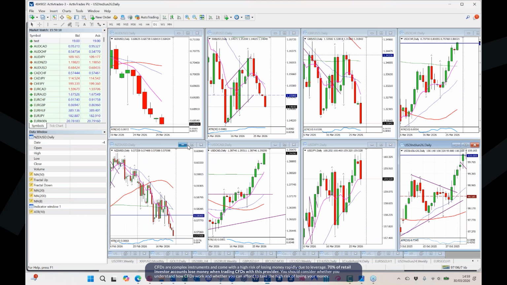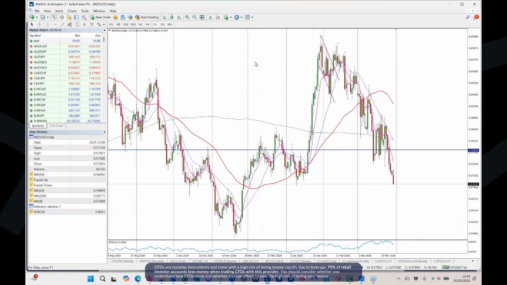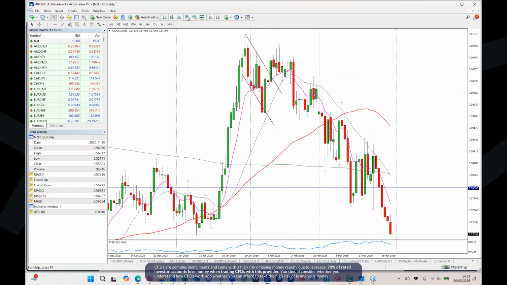If I look here at the Kiwi dollar on the daily, what I was saying is price had been in a very strong trend. It hadn't been particularly pretty, but it pivoted around the 50, rolled its way up, and then put itself into this double top, and then it broke here.